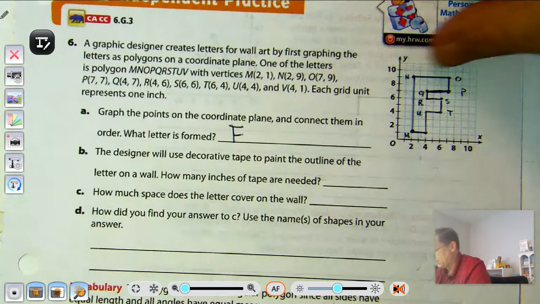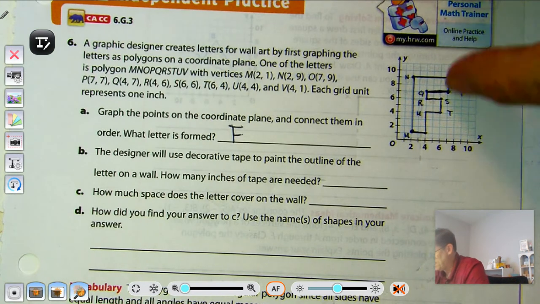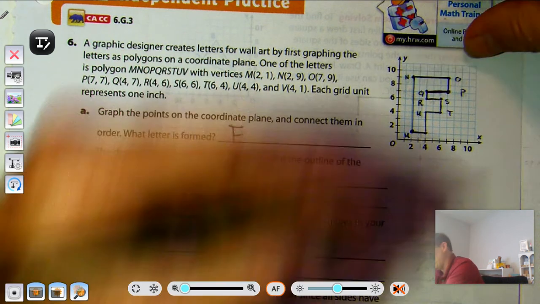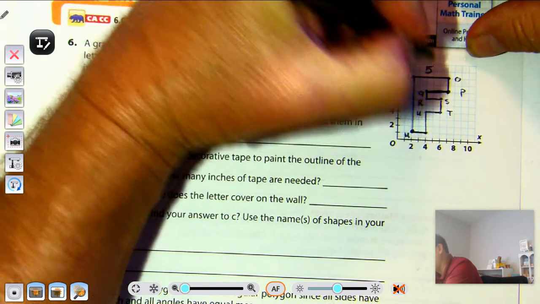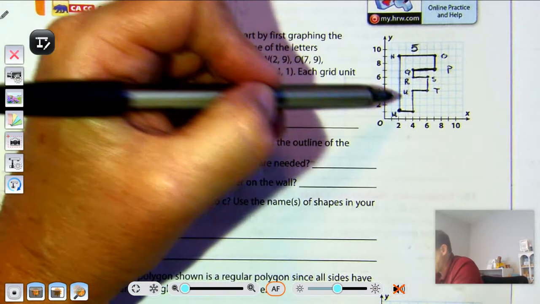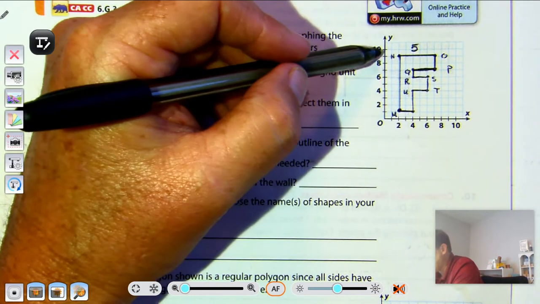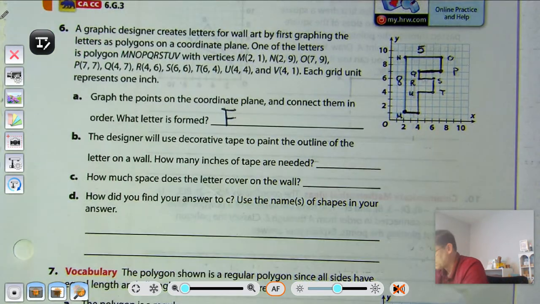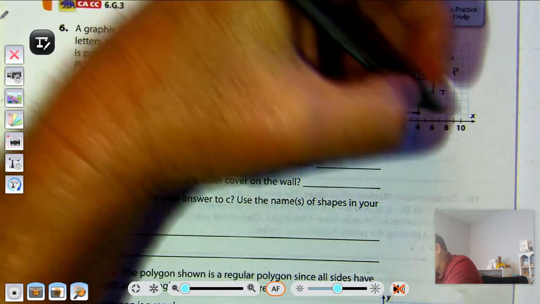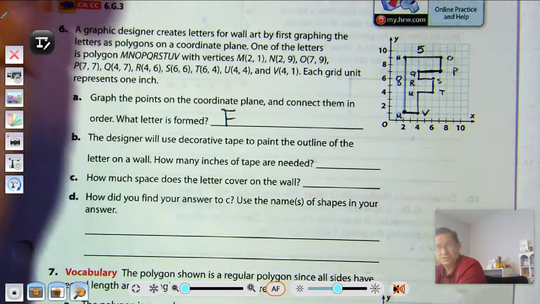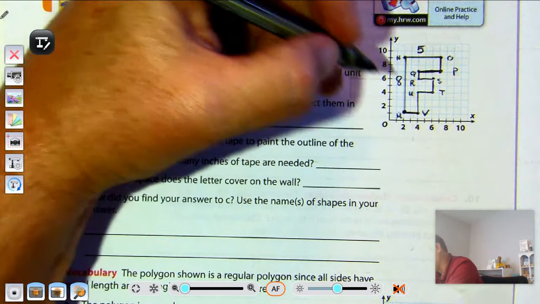Well, from N to O, basically we have 7 minus 2, that would give us the distance of 5. Okay, from N to M, we have 1 and 9, so that's going to be 8 units. We have M to V, which is just 2 units.